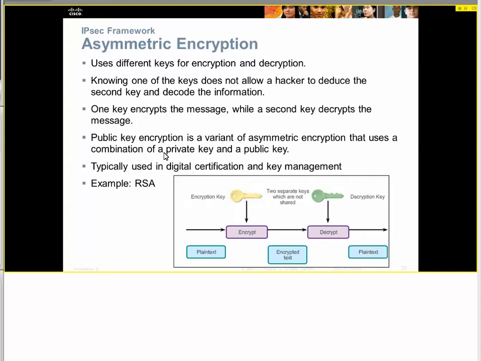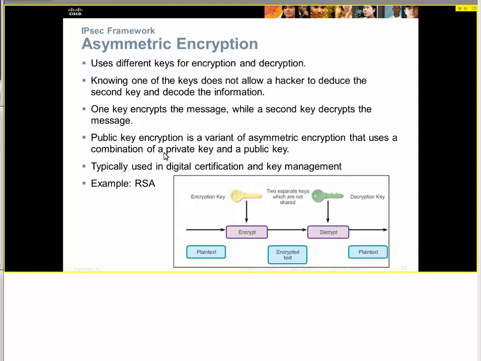He tries to apply my public key against the message, and he gets nothing. It doesn't apply. Because the only key that will decrypt is the private key, which I have not given out. I have the private key. Everybody else gets my public.